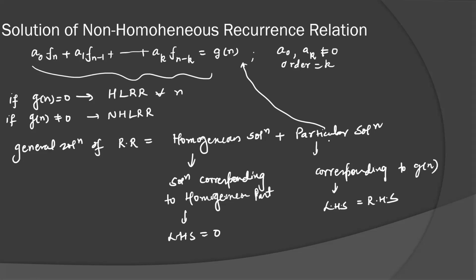Now, how do we find this particular solution corresponding to this non-zero function Gn? We have certain rules or cases. Case 1: when Gn is of the form of a polynomial of degree m in unknown n.